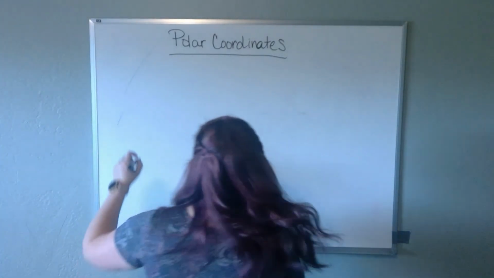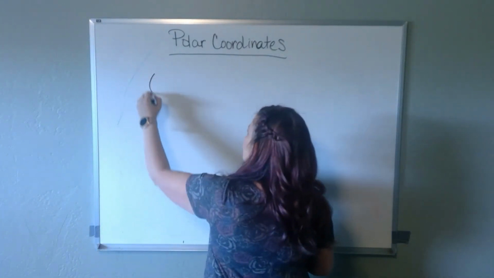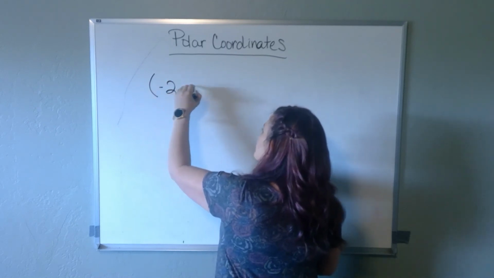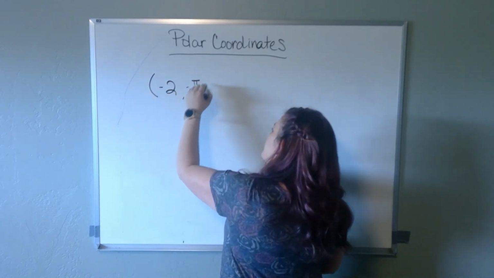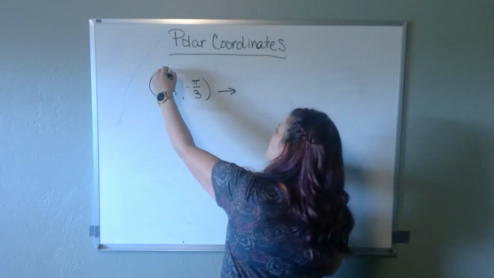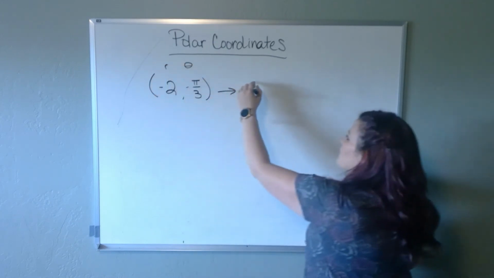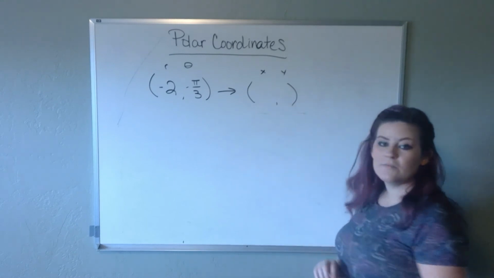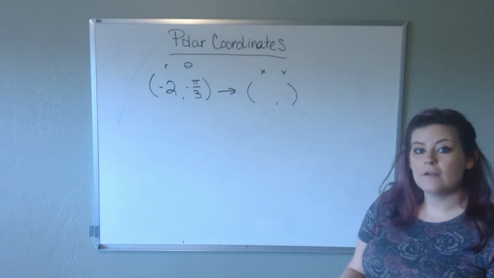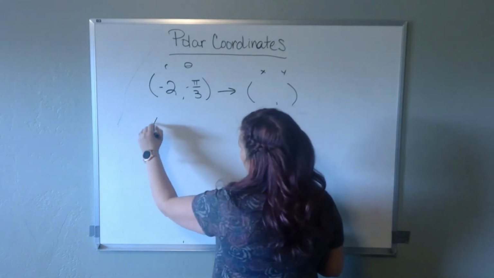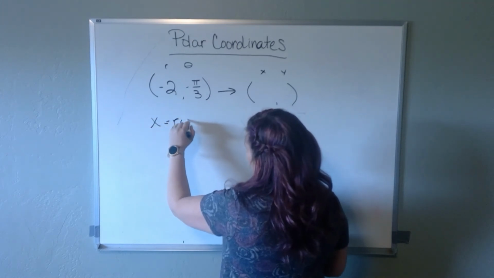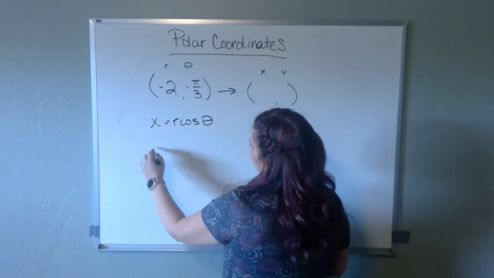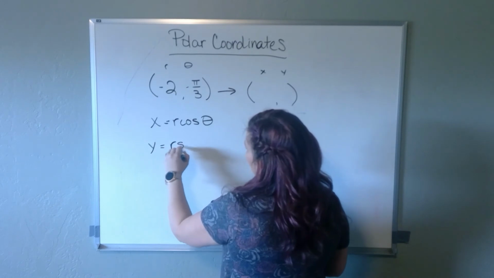Okay, so our last example for this video is taking polar coordinates -2, -pi/3. So this is r and theta. And I want to convert this to x, y coordinates. So I need to find x and y. Remember how to do this. X is always r cosine theta. Y is always r sine theta.